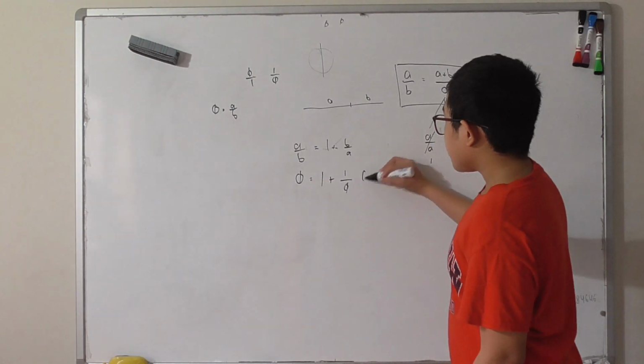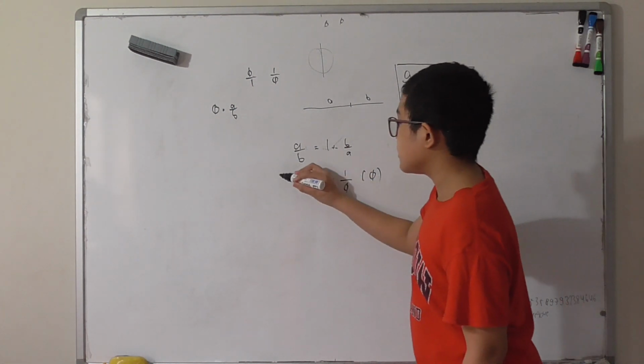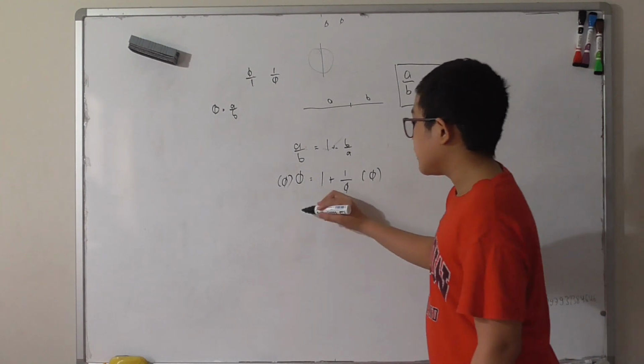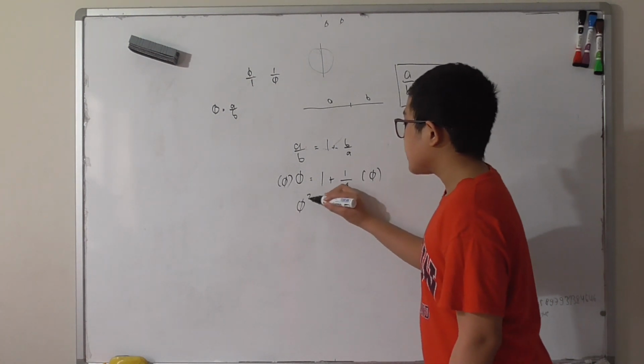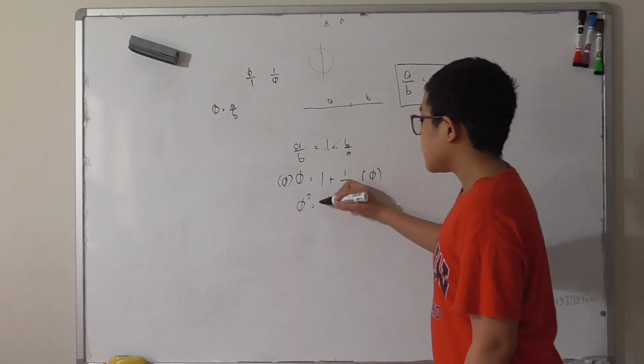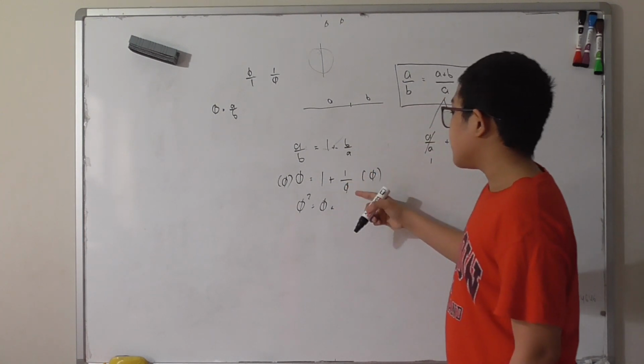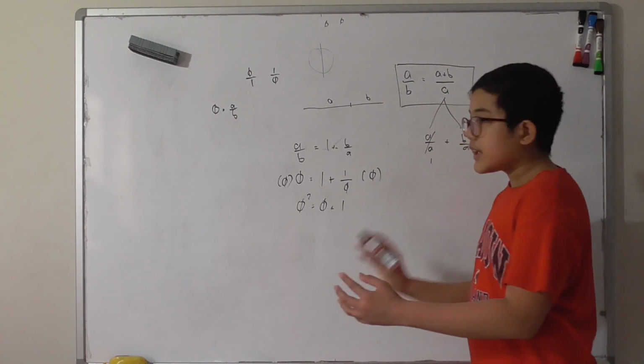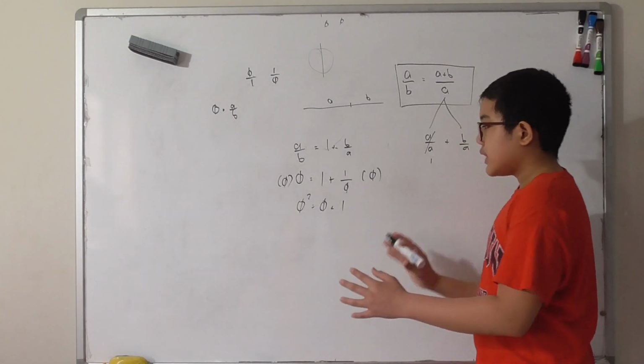Let's multiply everything by phi, because I don't want to have the variable in the denominator. So we have phi times phi, that is phi squared, is equal to 1 times phi, that's phi, plus 1 over phi times phi, that is 1. Then we can isolate all of the variables and constants on the left side.